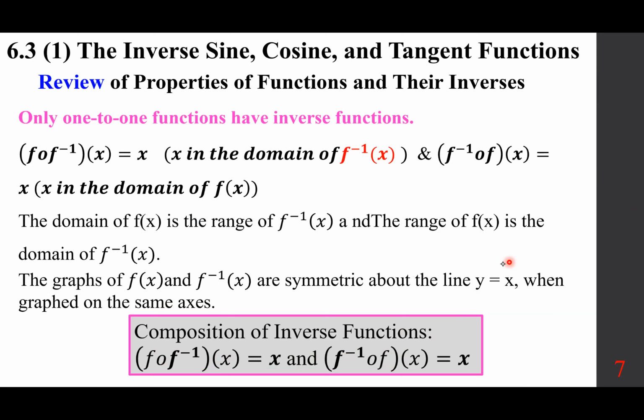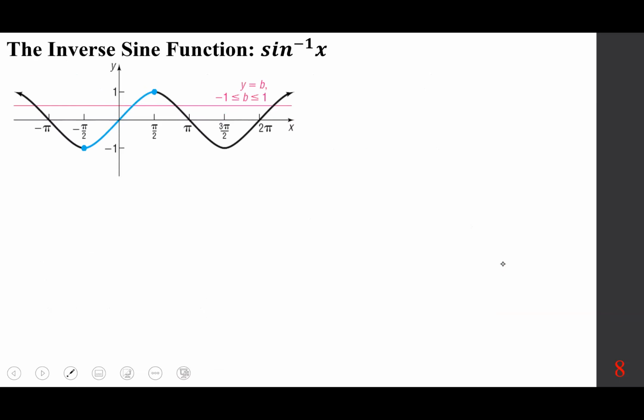So what about sine? When we look at the sine function, it is not a one-to-one function because it fails the horizontal line test, so it doesn't have an inverse.